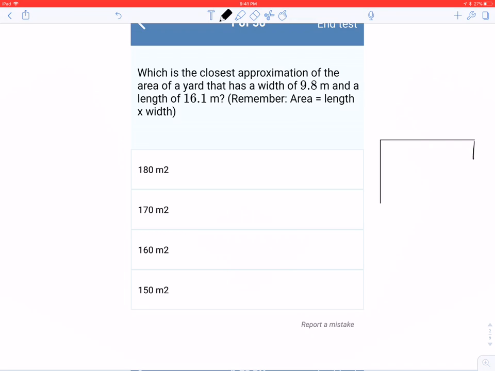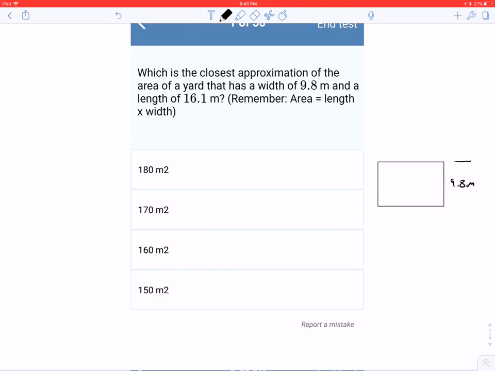So I'm gonna actually start out with a picture. If we have a rectangular yard, so it has a width. It says it has a width of 9.8 meters.